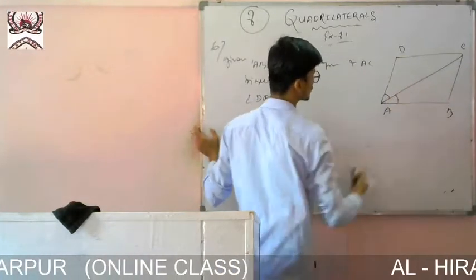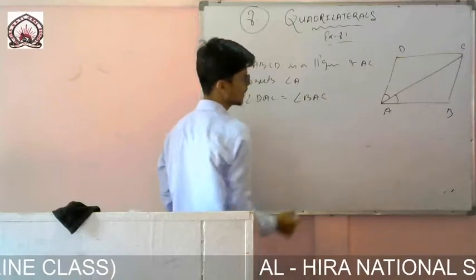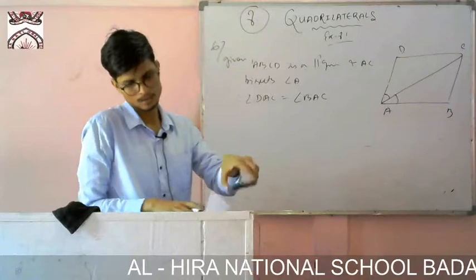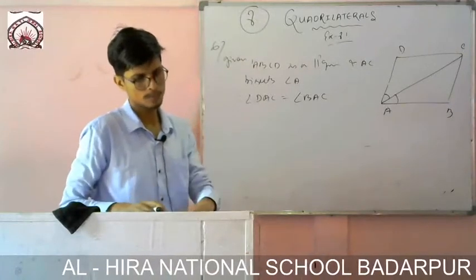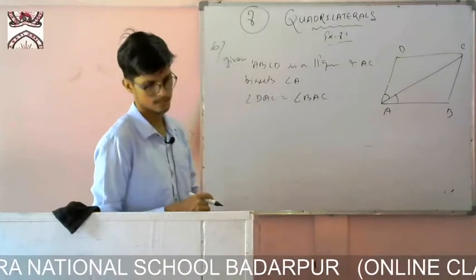This angle will be equal to this angle. Okay, now what we have to prove? We have to prove that AC bisects angle C also.